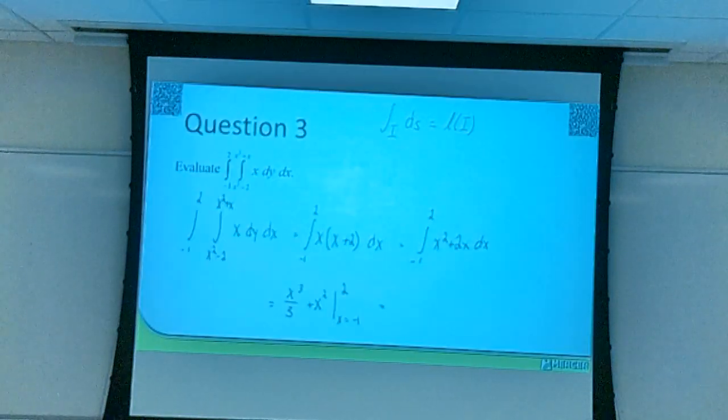2 cubed is 8, negative 1 cubed is negative 1, 8 minus negative 1 is 9. 2 squared is 4, negative 1 squared is 1, 4 minus 1 is 3. So that's 9/3 plus 3, which should be 6. Oh, wait a minute.